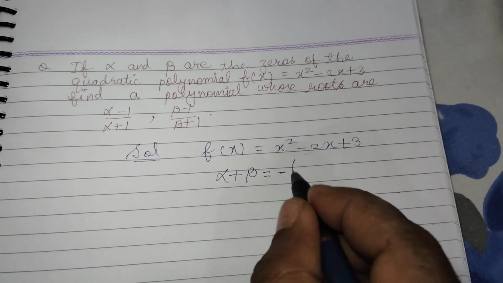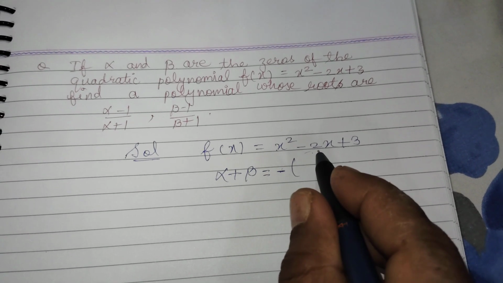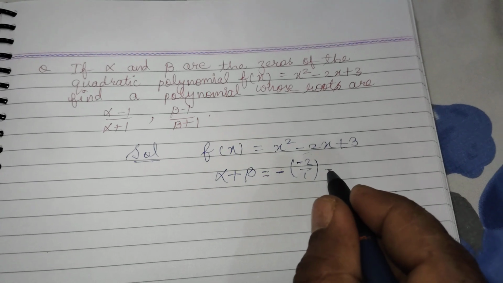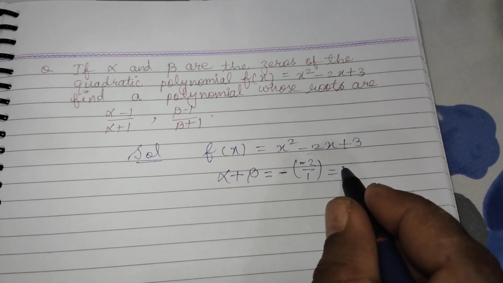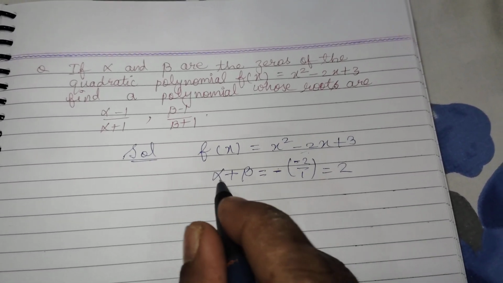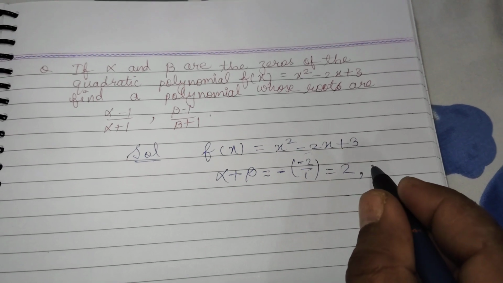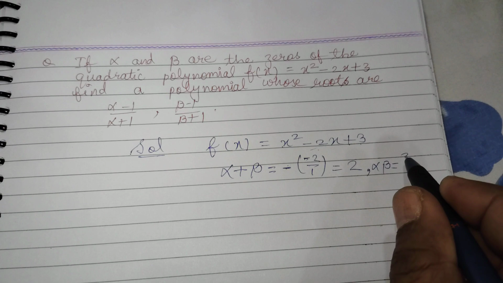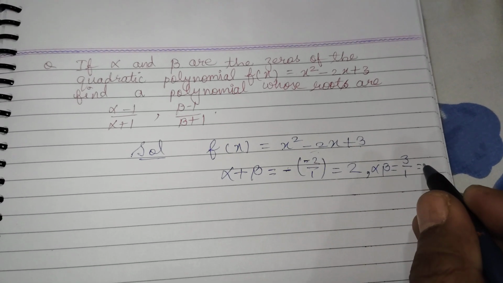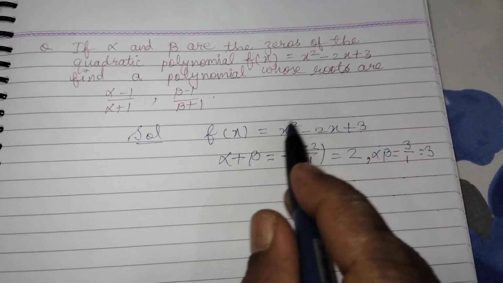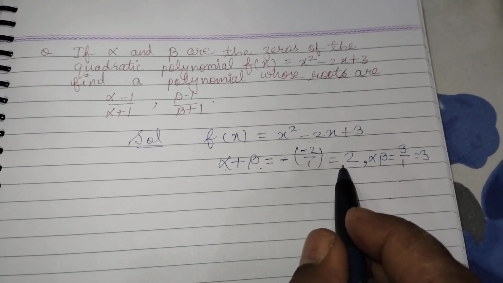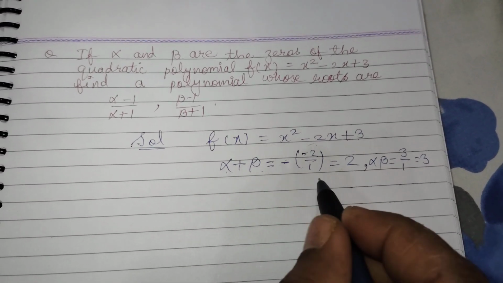So −b/a means −(−2)/1, minus minus becomes plus, so only 2. Alpha plus beta is 2. And the product of roots is c/a. Here c is 3, a is 1, so alpha beta is 3.